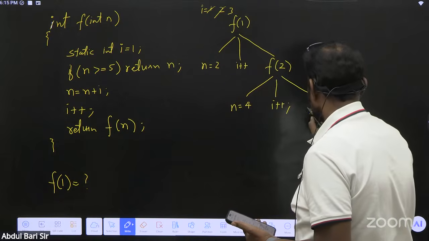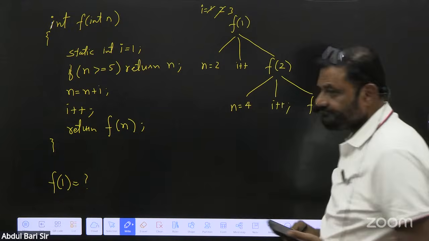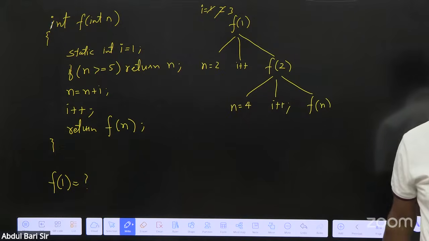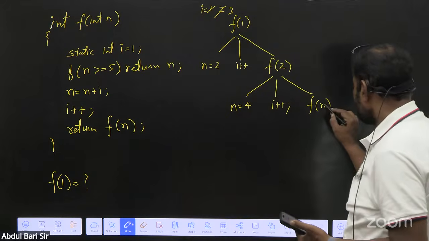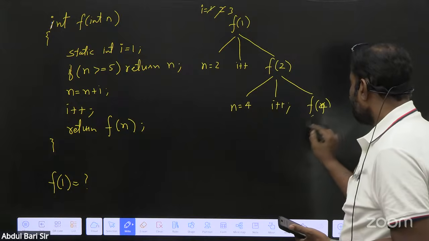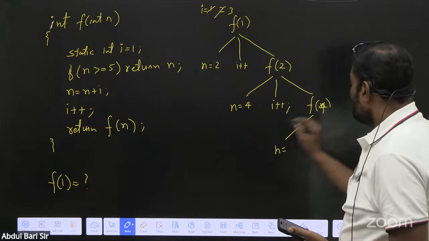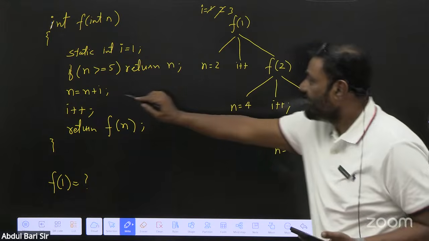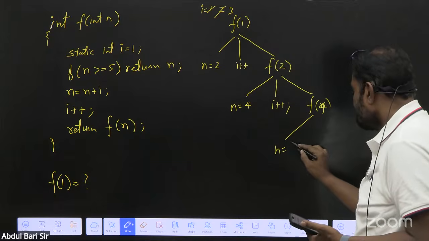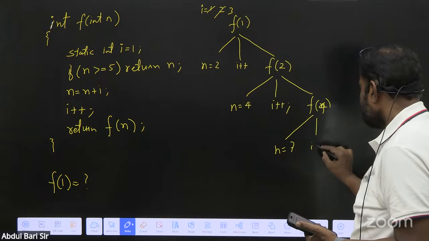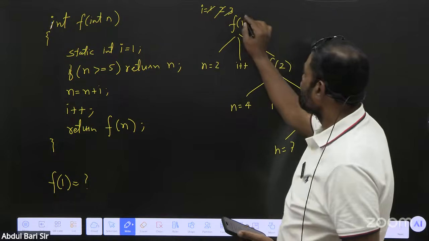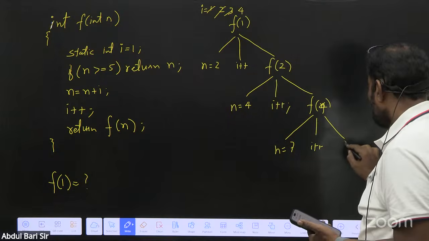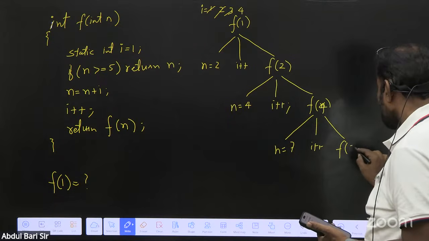Then it will call f(4). For 4, n is n + i, so 4 plus 3 is going to be 7. Then i++, so i is going to be 4. Then call f(7).